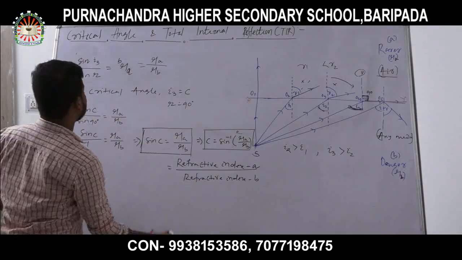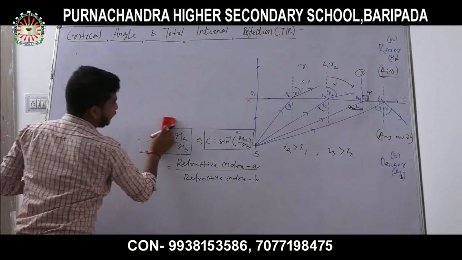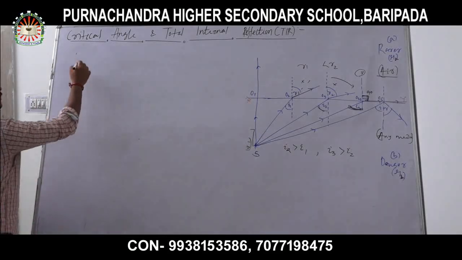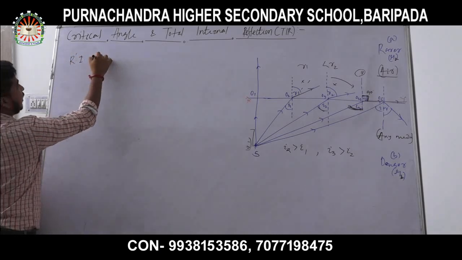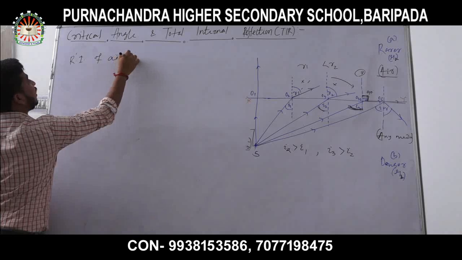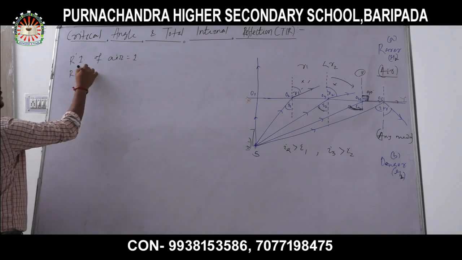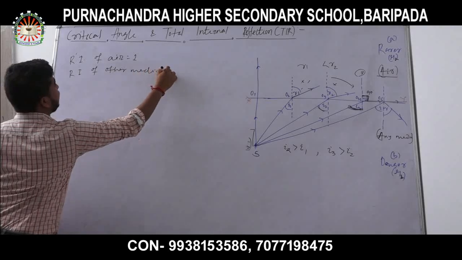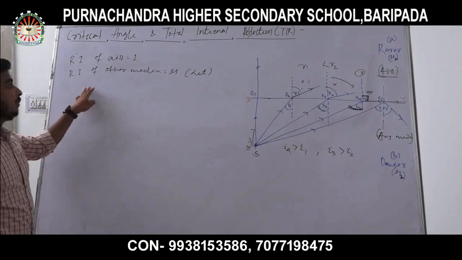The refractive index of air is equal to 1. We have already discussed that the refractive index of air is 1, and let's suppose the refractive index of the other media is mu.